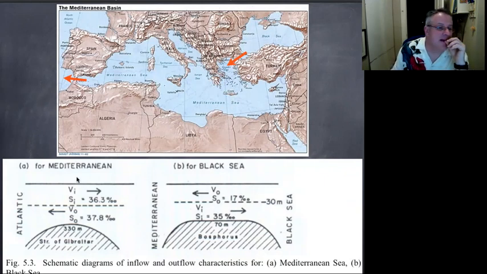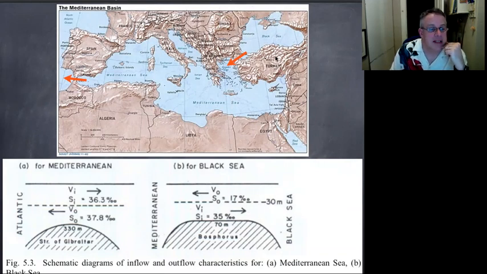For the Mediterranean, there is an inflow near the surface of water that is fresher, 36.3 parts per thousand salt, and an outflow of deeper water that is saltier at 37.8 parts per thousand. So we don't know what the rate of inflow or the rate of outflow is at this moment. We just know what the different salinities are.